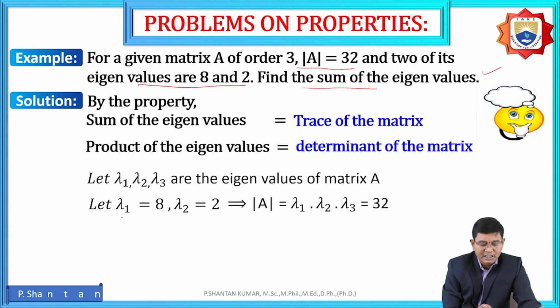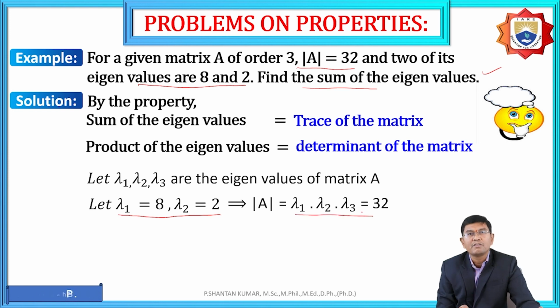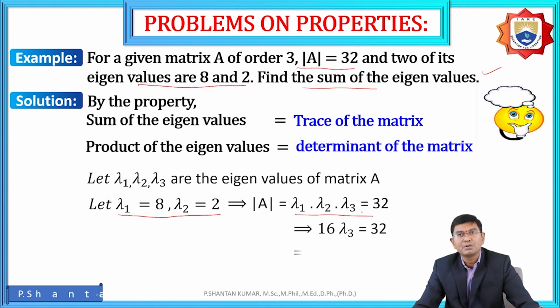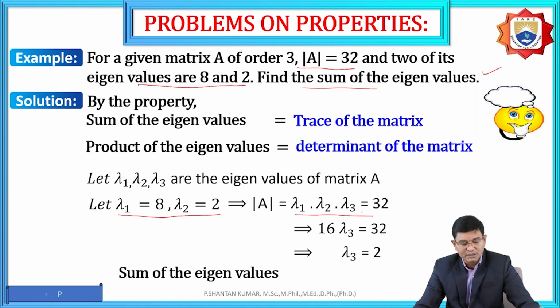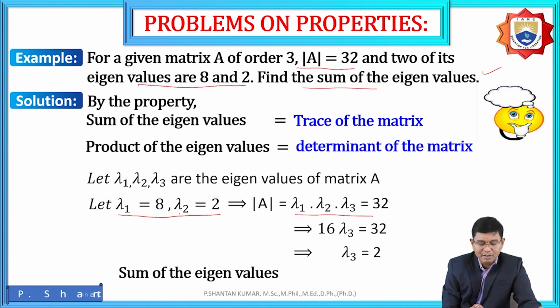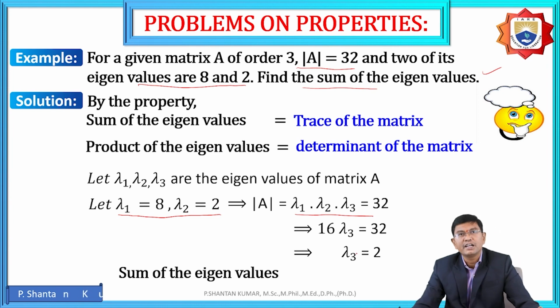Replacing lambda 1 and lambda 2 in the product, we clearly obtain lambda 3 is equal to 2. Therefore, the sum of the eigenvalues is lambda 1 plus lambda 2 plus lambda 3, that is 8 plus 2 plus 2, equal to 12.